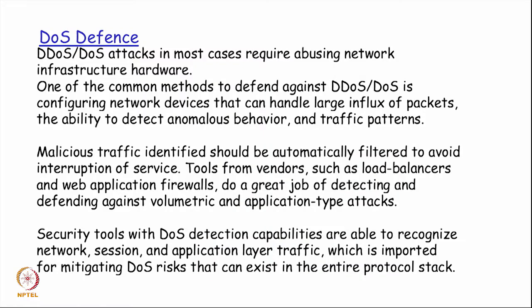So, one form of countermeasure that is typically used for protection against these kinds of attacks is to have larger machines which could handle more packets being generated and sent without that particular server going down, or alternatively to very quickly determine any kind of anomalous behavior, including in the traffic pattern.